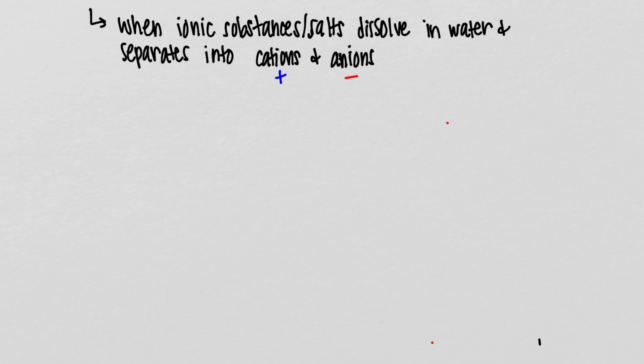So for example, if we were to grab NH4NO3, ammonium nitrate, which is a solid, and we were to dissolve it in water, which is a liquid, what two things would we get? Remember, this solid is going to separate into a cation and anion.